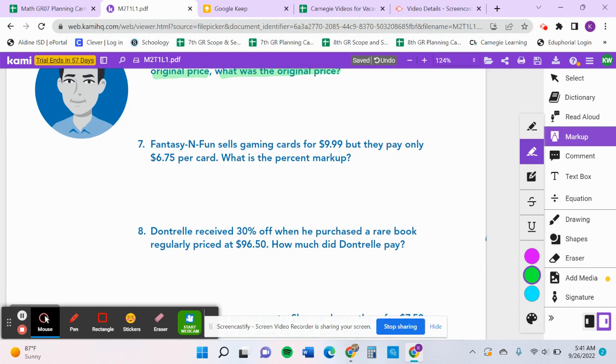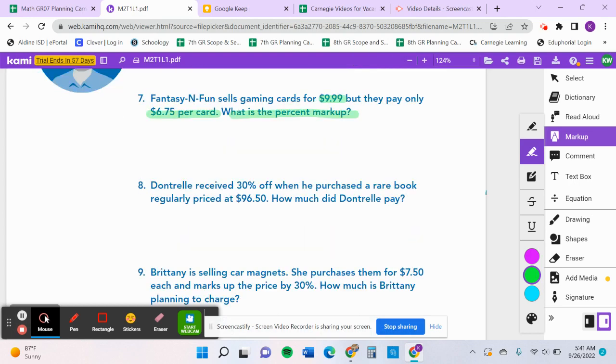Number 7, Fantasy and Fun sells gaming cards for $9.99, but they pay only $6.75 per card. What is the percent markup? Number 8, Dontrell received 30% off when he purchased a rare book regularly priced at $96.50. How much did Dontrell pay?